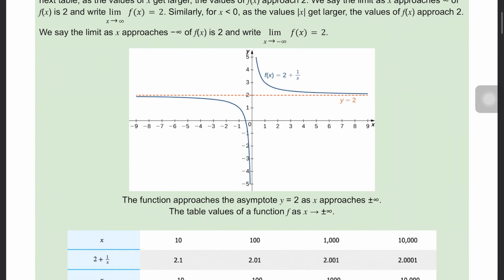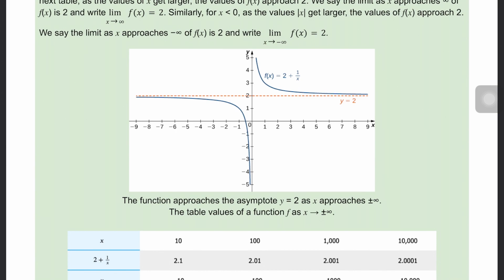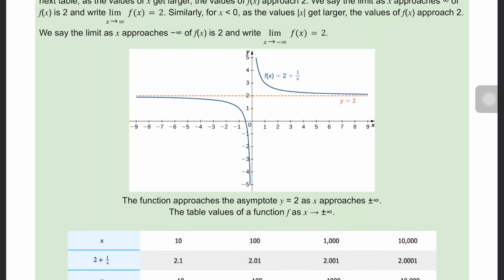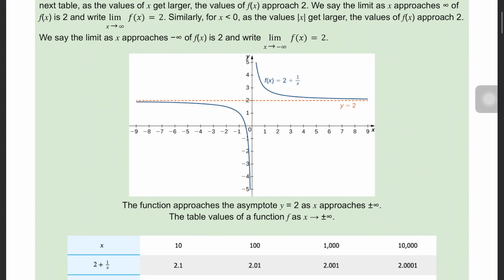We can also see it in this graph. As x gets bigger and bigger toward infinity, the values of the function are getting closer and closer to 2. We can see that in the picture, but we can also see it on the table.